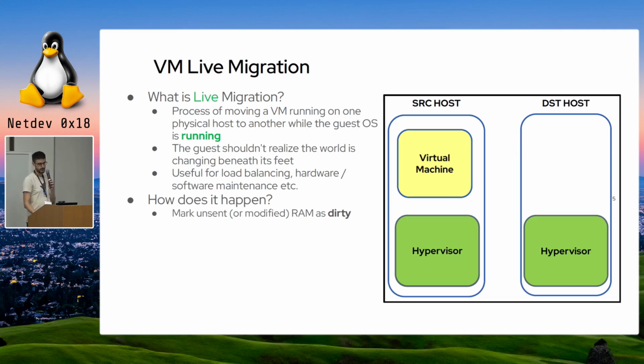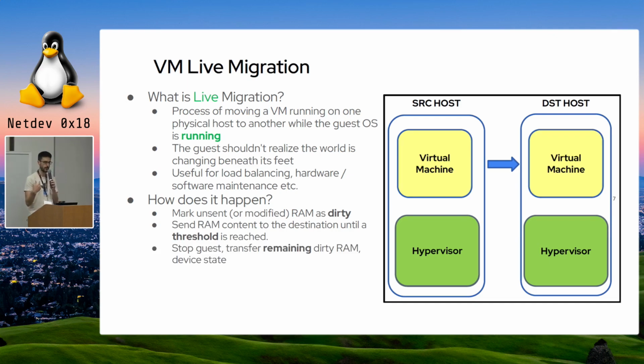How does it happen? So the typical steps, or the most important step, is to mark all the RAM memory as dirty, so the hypervisor knows that it needs to send it to the destination. Then start sending all the RAM until a given threshold, timeout, etc. is reached. If the guest or anything modifies that memory, we should mark it again as dirty.